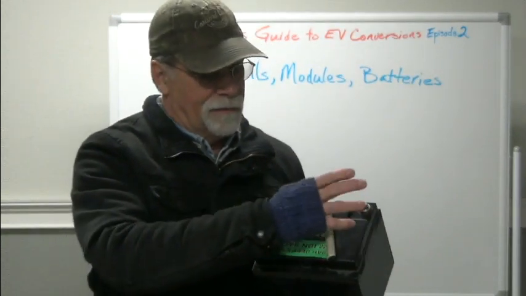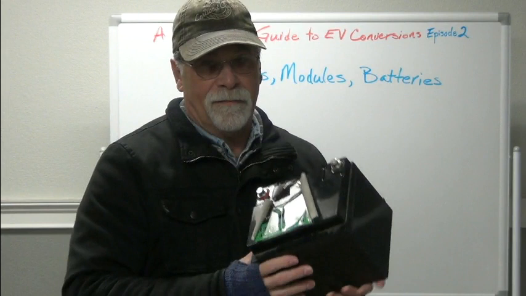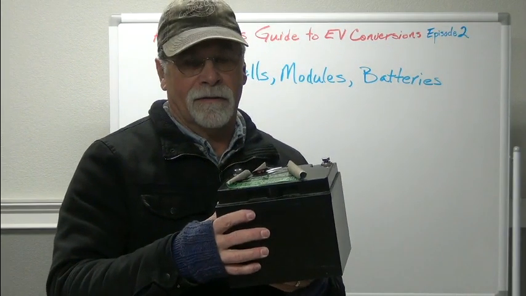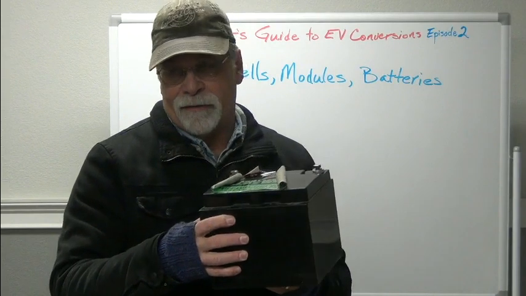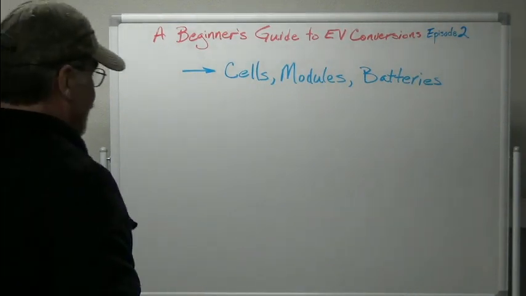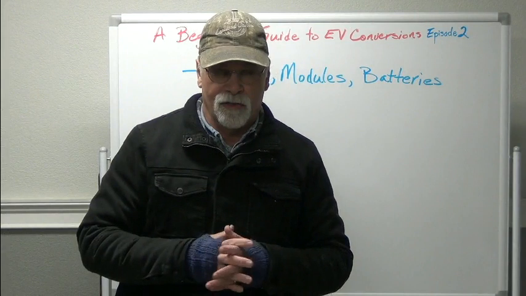We got positive and negative terminals on our battery also. But there's 4 cells wired in series in here to make this 12 volt battery. And this is a 40 amp hour battery. And we'll get into all of that later on as far as amp hours, voltage, and so forth.